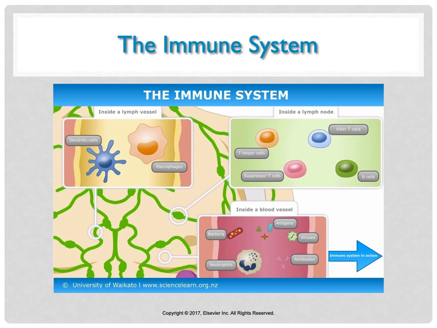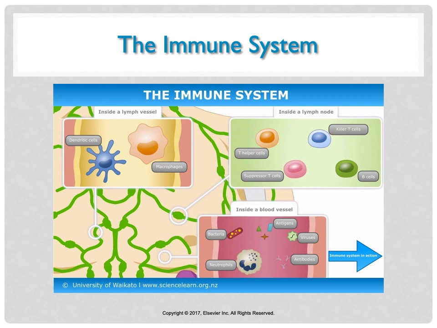So all of this is happening outside of the bloodstream. So when we look inside the blood vessel, the antigens are molecules from pathogens or foreign substances like bacteria or viruses. And the antigens appear on the surface of the cells that have ingested or been invaded by pathogens and cause the immune system to respond.